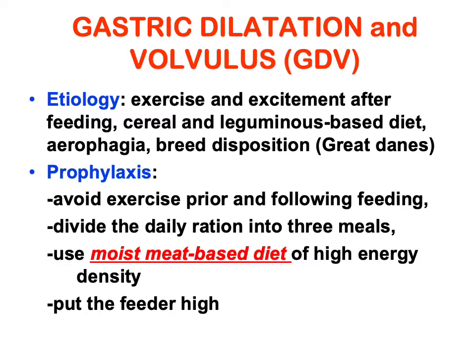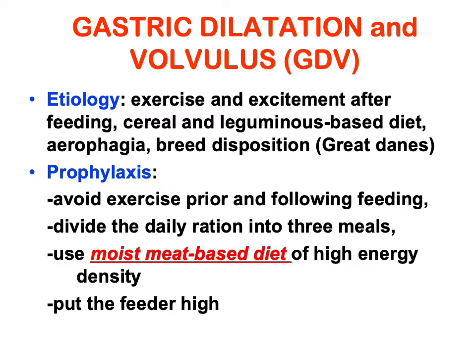I have to tell you that in some special health status or disease status, there is a problem. For example, the gastric dilatation and volvulus, or in case of some urinary bladder stones, and the physical solution is to put the feeder higher or use a high feeder, which will prevent the aerophagia.